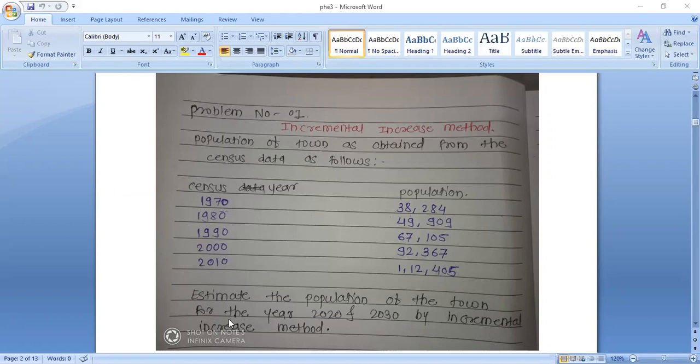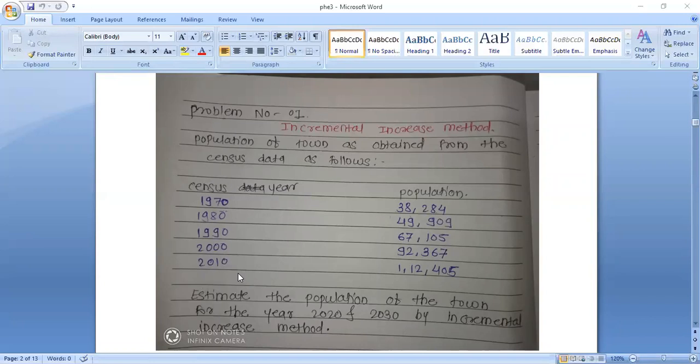Now what do we have to find out? Estimate the population of the town for the years 2020 and 2030 by the incremental increase method. That is, we have the population of the city up to 2010. Then from 2010 up to 2020 there is a difference of 10 years.